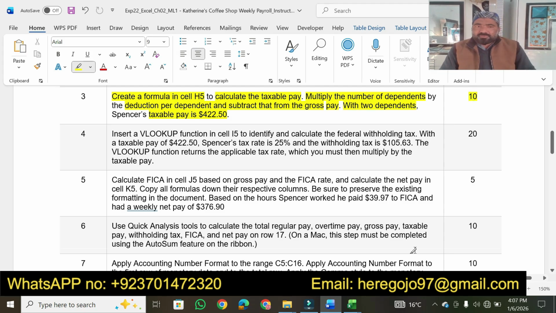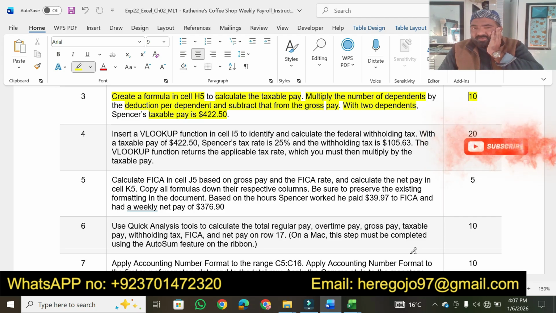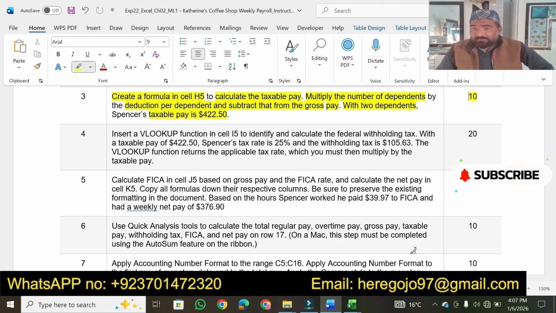So in question number 3 we have to create a formula in cell H5 to calculate taxable pay. For taxable pay, we have to multiply the number of dependents by the deduction per dependent. Okay, first we have to multiply number of dependents by deduction per dependent, and we have to make the deduction per dependent absolute. Then after getting the result, we have to subtract that result from the gross pay.